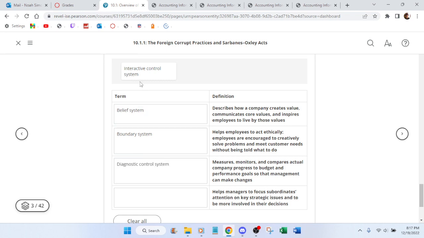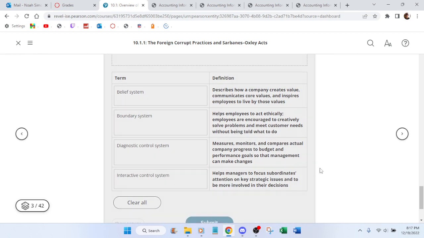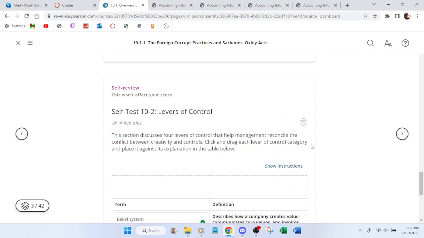This is stupid. Where is all this stuff anyways? Where was this?